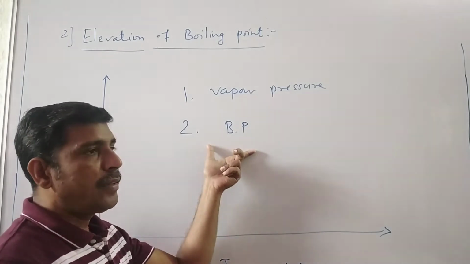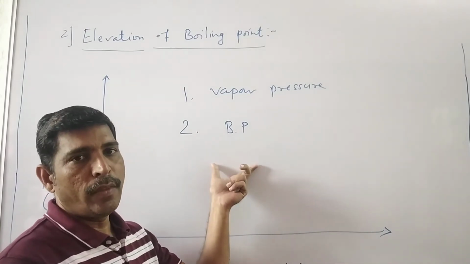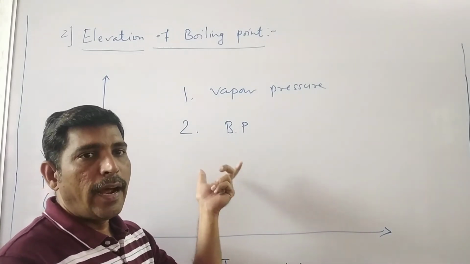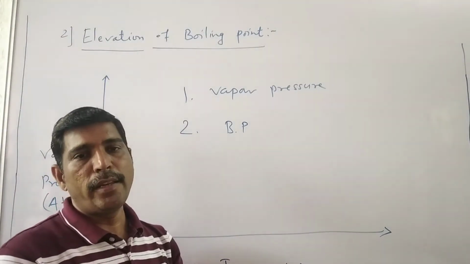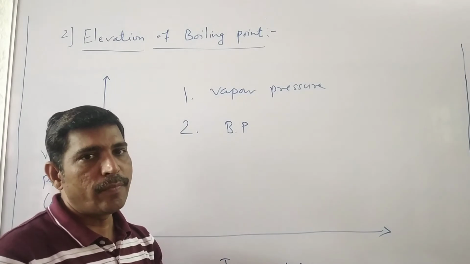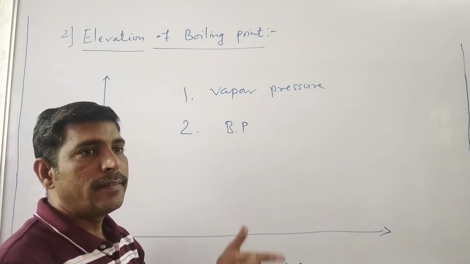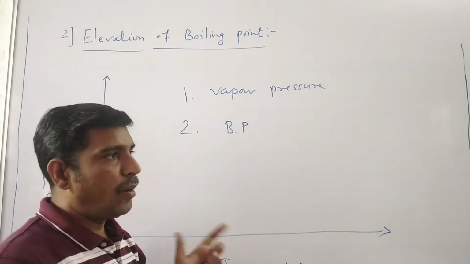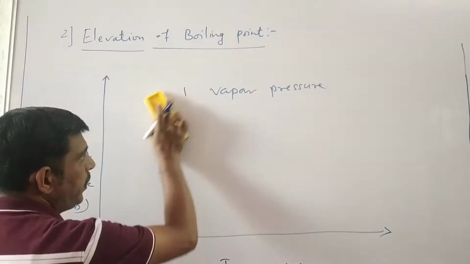But now here the new definition: the boiling point is such a temperature at which the vapor pressure of that liquid material will be equal to the atmospheric pressure. And if it happens, then we say that it's the boiling point of that liquid material. Okay.